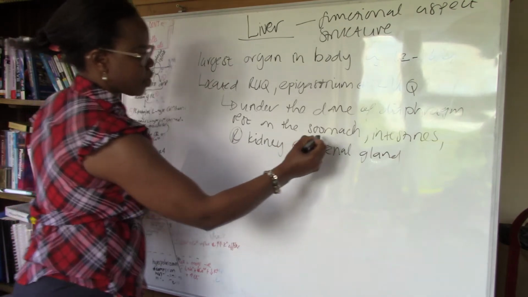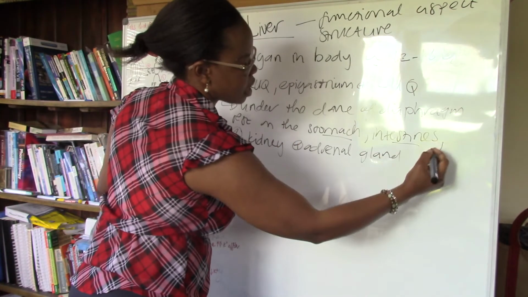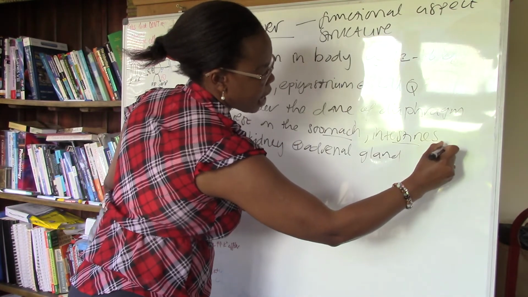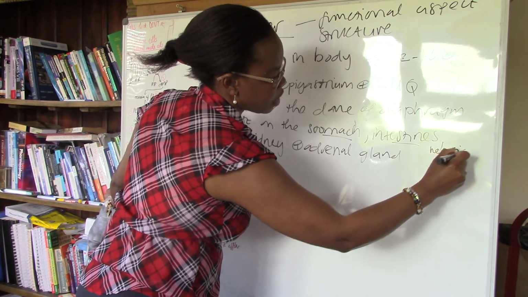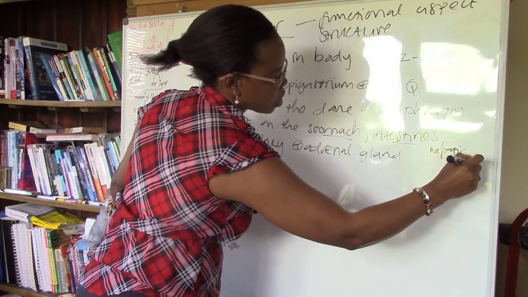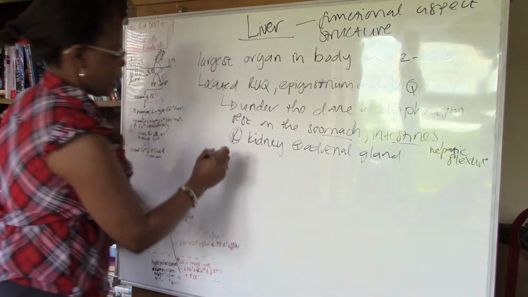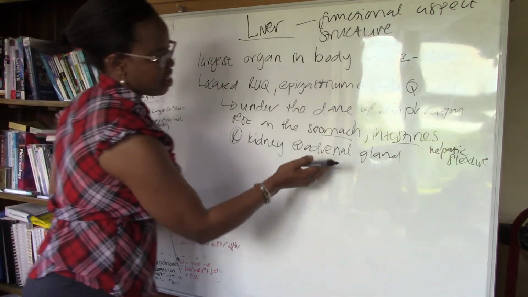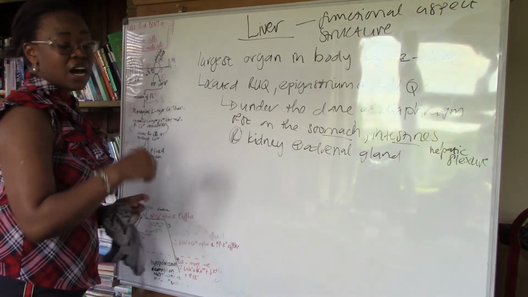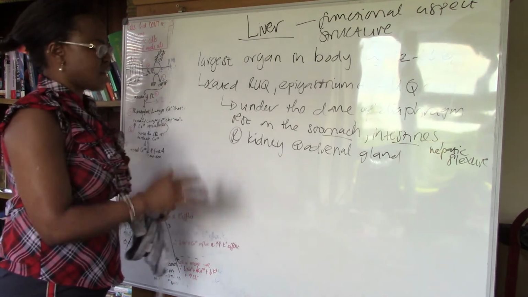So it has the impression of the stomach, the intestines. This is the hepatic flexure, and it has the impression of the right kidney and the adrenal gland on its visceral side.